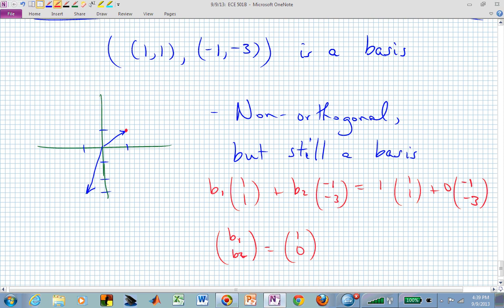So I could have two different coordinate systems resulting from two different bases in the same finite dimensional vector space. So that's what I mean by a coordinate system. Your coordinate system is going to depend on how you've defined your basis vectors. So that 1, 0 here actually means this point.